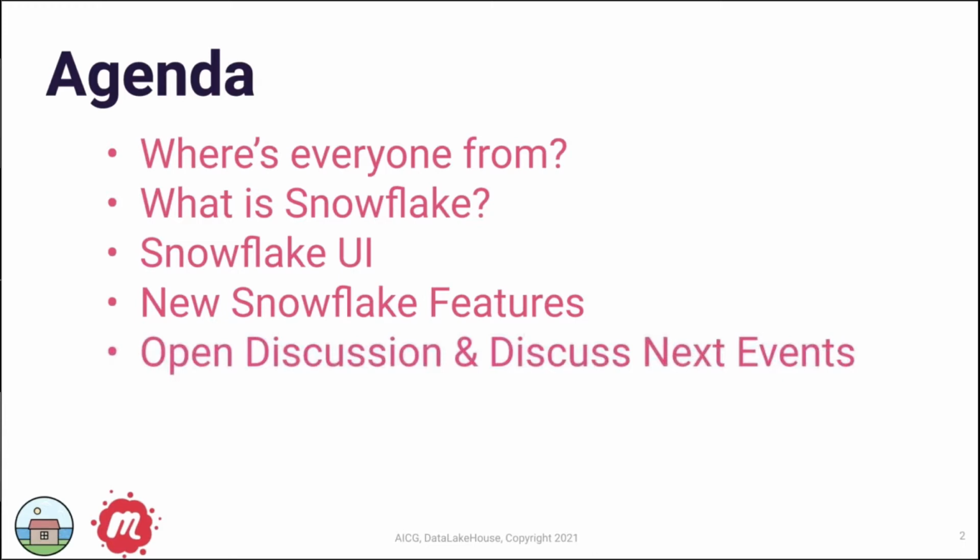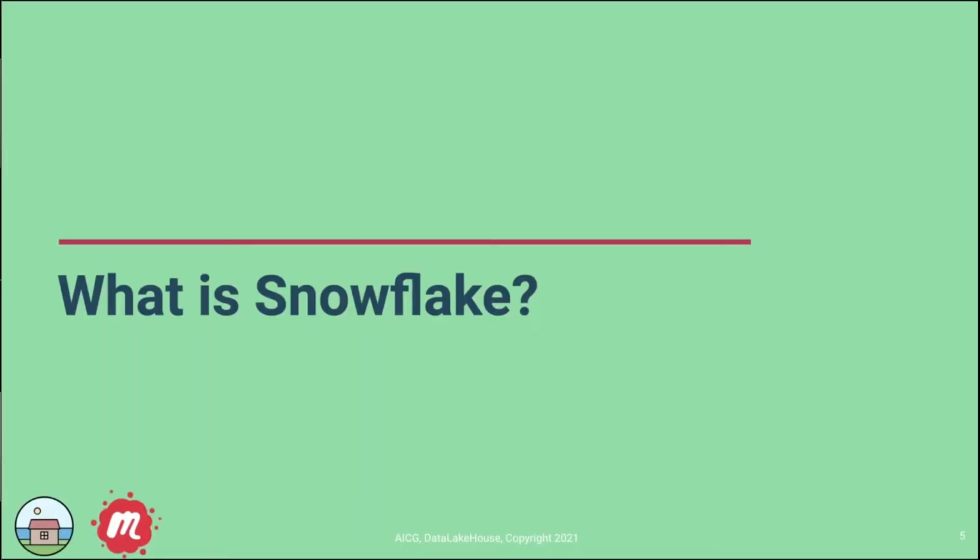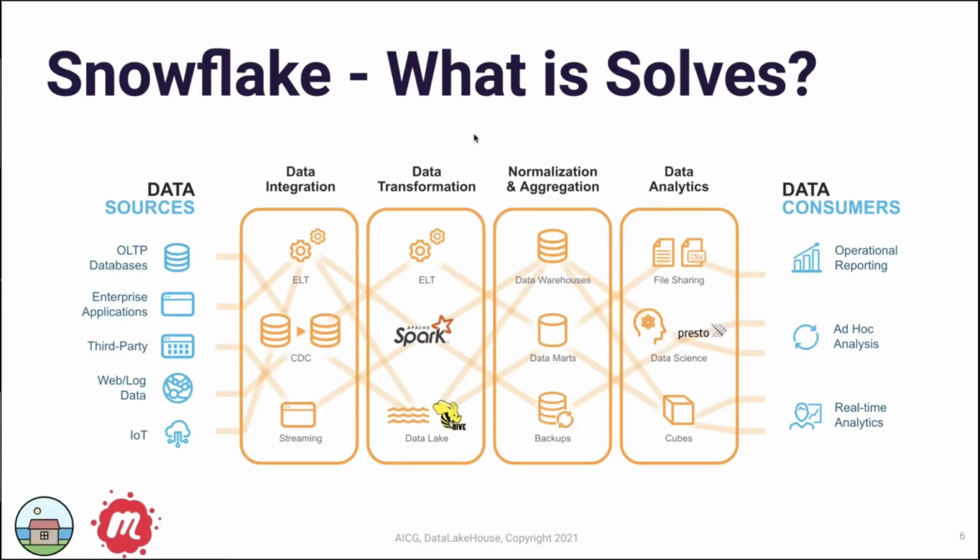So let's talk about what Snowflake is. What I like to do is talk about what Snowflake solves. I think Snowflake solves this historical data wrangling problem, getting the data from many different disparate sources into a place where you can have data consumers or data workers actually use that data and turn it into information.